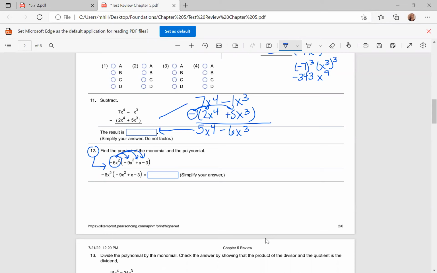So when we're doing this, we're saying -6x squared times -9x squared. Then we're moving to the next thing. We've got a plus here. So plus -6x squared times the x, and then minus -6x squared times the last term, which is 3.